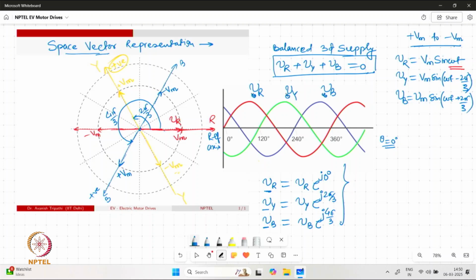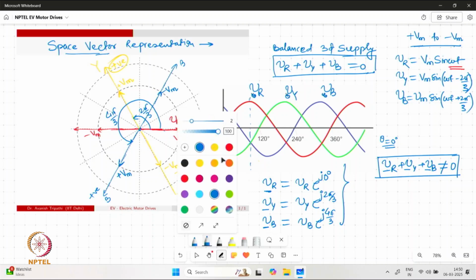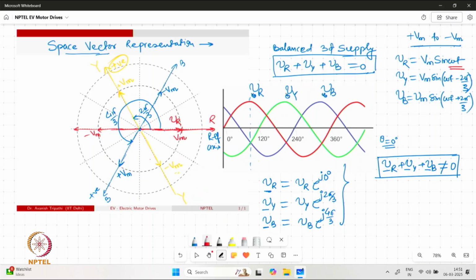Now, when we have these three vectors placed over there, it can be seen that if we try to add these vectors, Vr plus Vy plus Vb, these will not add up to 0. For example, if we take an instance, say at 90 degree, the position of Vr is at plus Vm, say at this point.